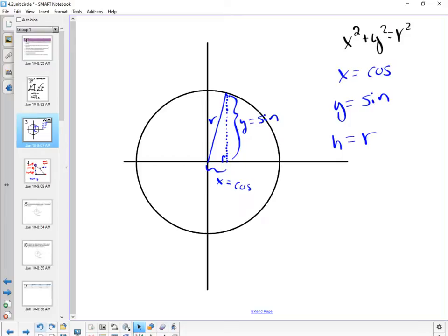And r, the radius in this case, would be the hypotenuse of this triangle that we created. That is a right triangle in a circle.